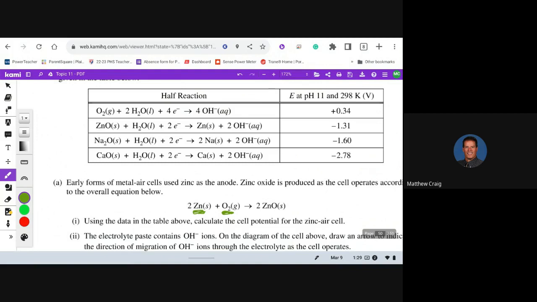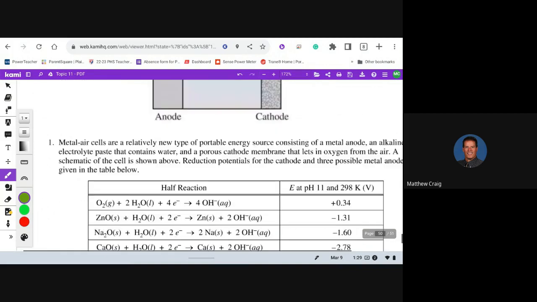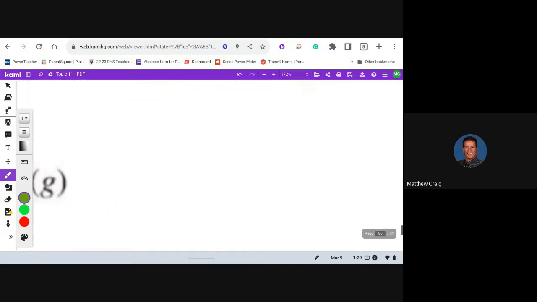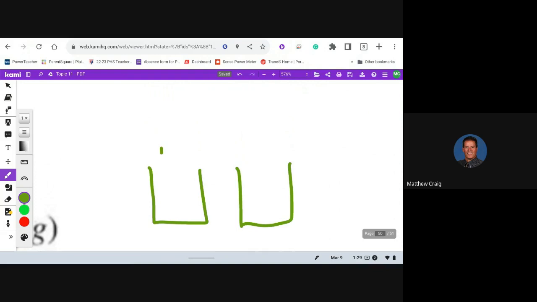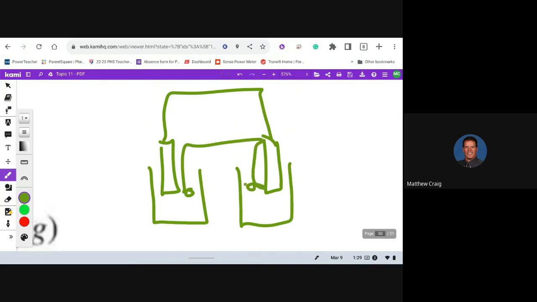So what should we do? Oh, before I go any further, let's do a little sidebar here, okay? If we have 2 chambers, okay, and you've got your electrodes, and then we've got our salt bridge, okay? That's a beautiful drawing. My gosh, I am such an artist. Look at that, okay? What type of reaction is this? Is this spontaneous or not spontaneous?